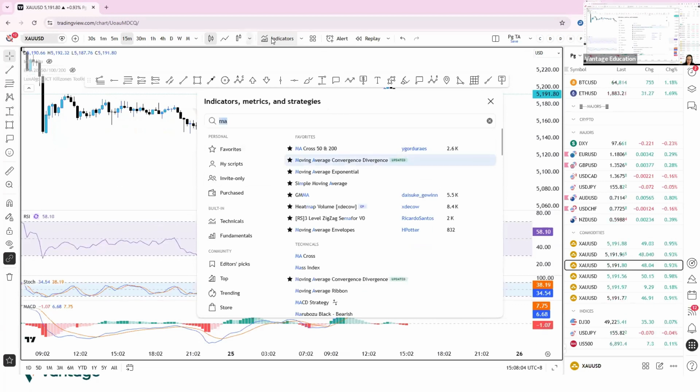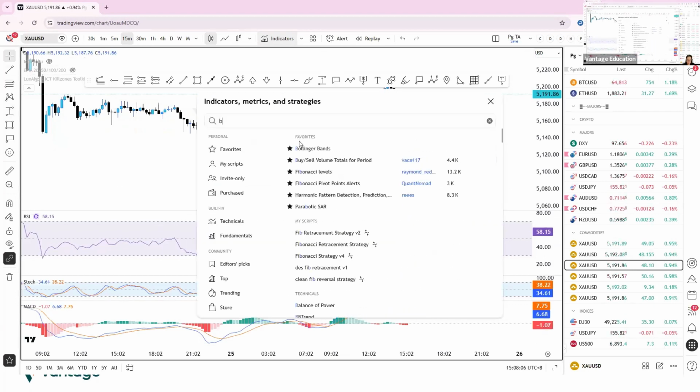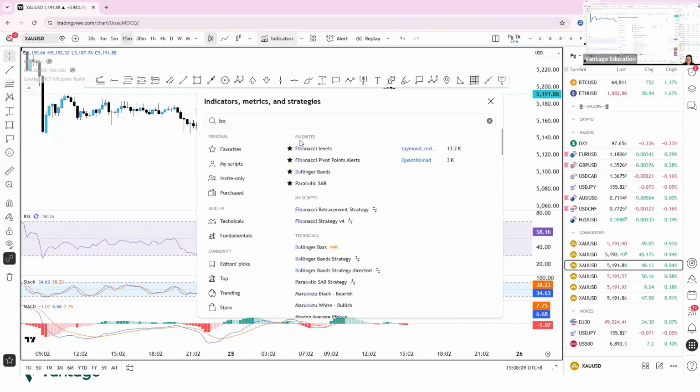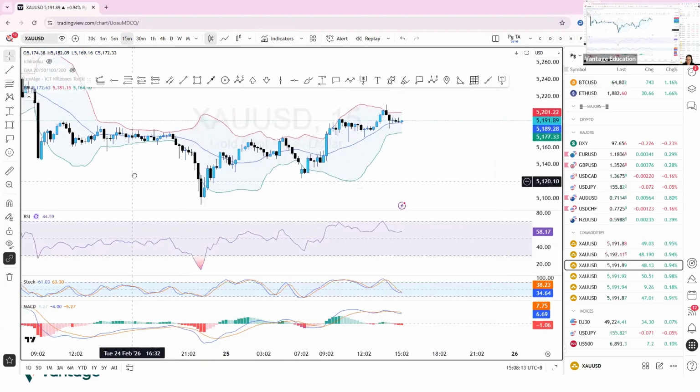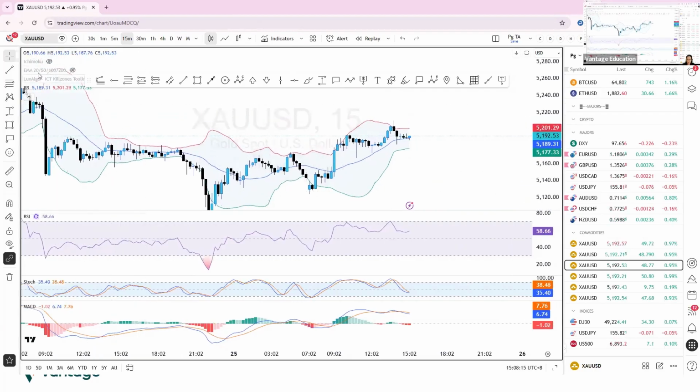Then you also use the Bollinger Band. Then you say you also want to use the Ichimoku cloud.